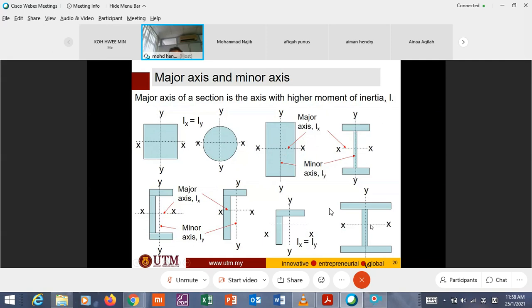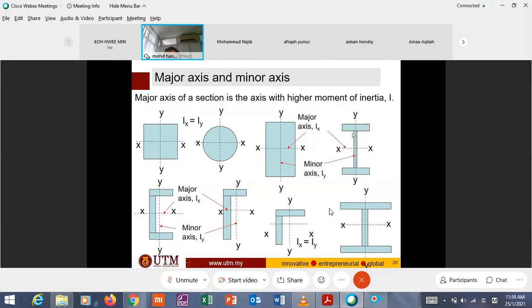And for steel, we have many types of section. Just to show five types of steel section, this one is called the I section. For the I section, this normally becomes the major axis, and this one is the minor axis. And this one is called the H section.